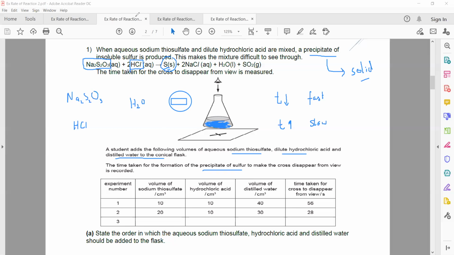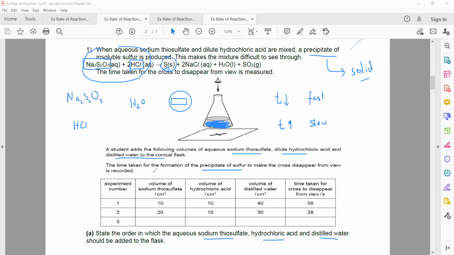State the order in which the sodium thiosulfate, hydrochloric acid, and distilled water should be added. In this question, you can see the distilled water is not a reactant here. You cannot see water on the reactant side. What is the purpose of adding distilled water?